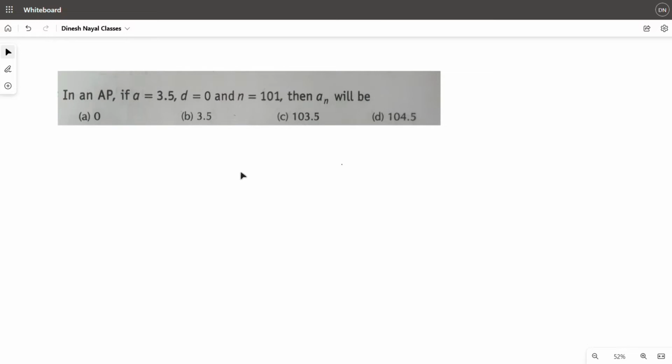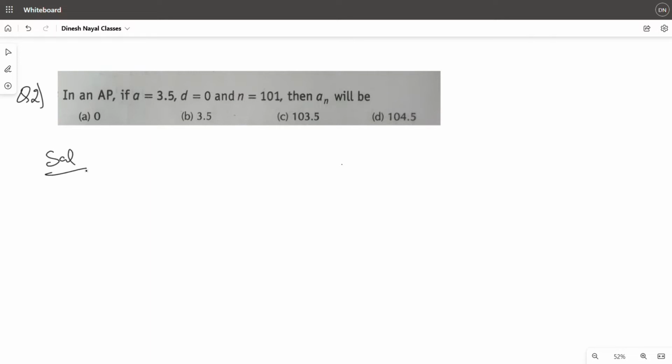Now, next question, which is question number 2. It is given that in an AP, A is 3.5, D is 0 and N equals 101, then AN will be.